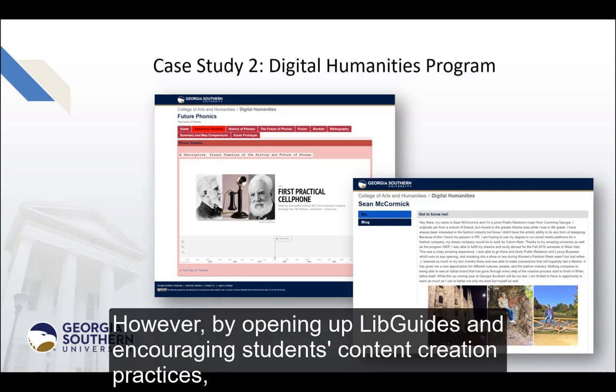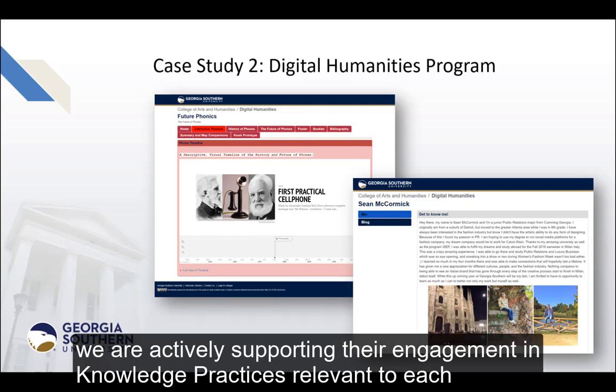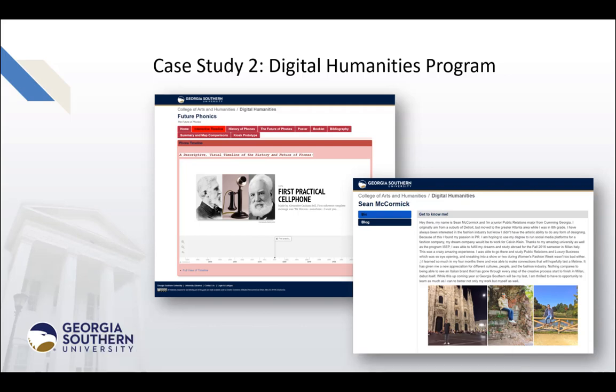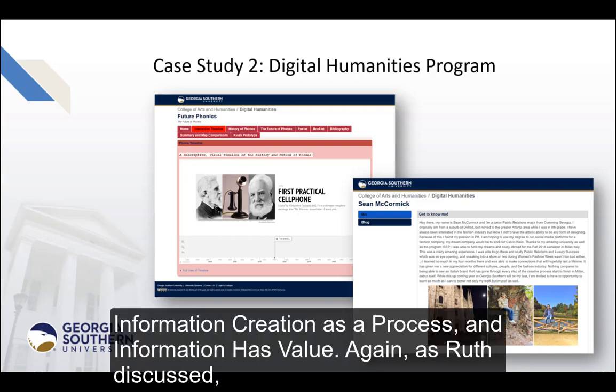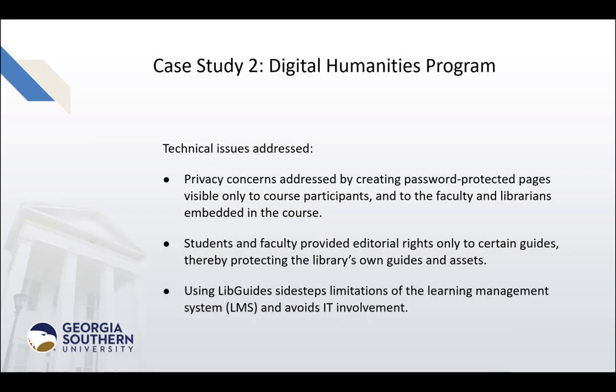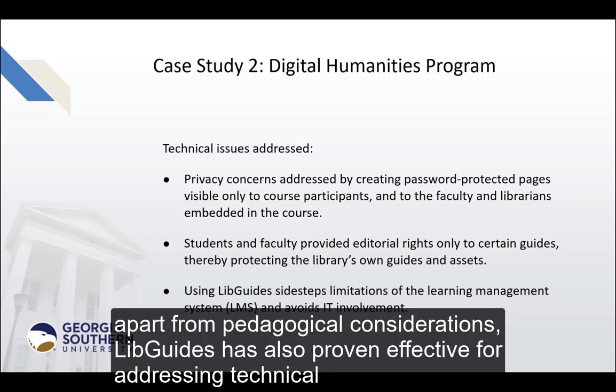However, by opening up LibGuides and encouraging students' content creation practices, we are actively supporting their engagement in knowledge practices relevant to each of the framework's 6 frames, especially authority as constructed and contextual, information creation as a process, and information has value.